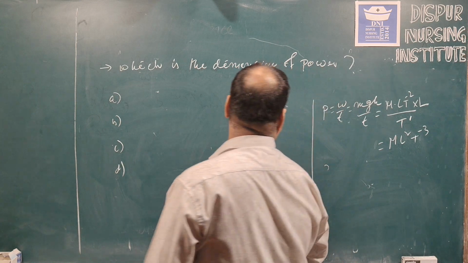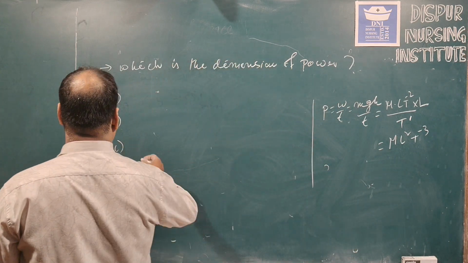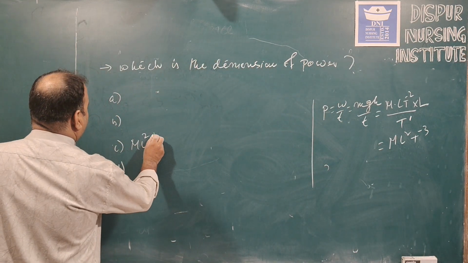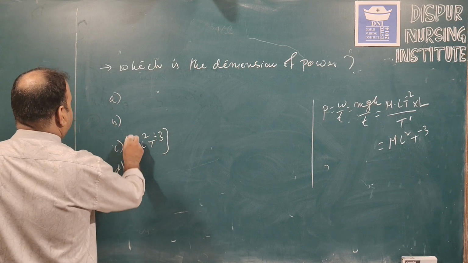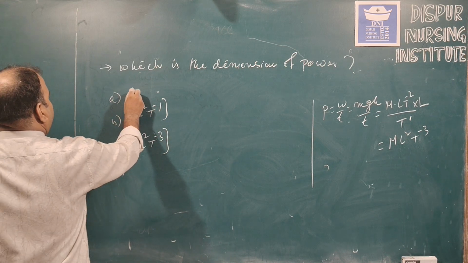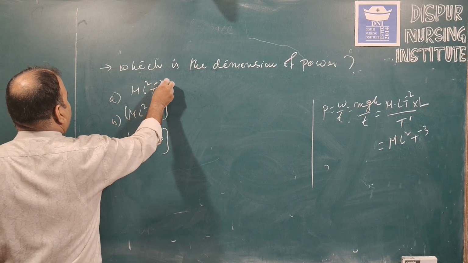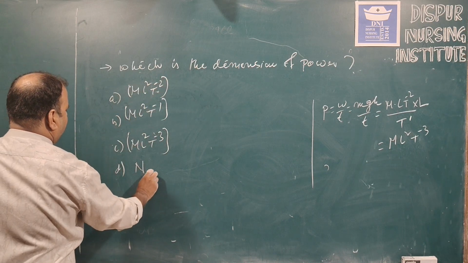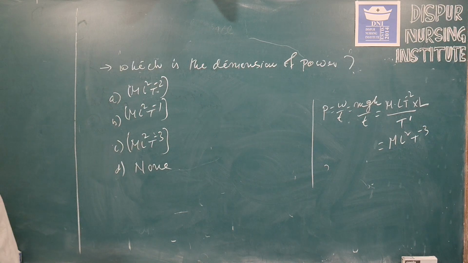The options are: m L square T to the power minus 3, m L square T to the power minus 1, m L square T to the power minus 2, none of the above.